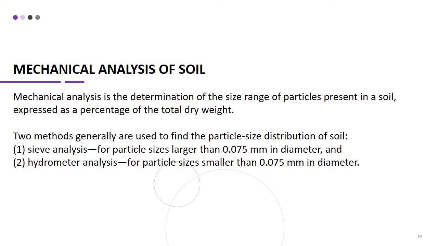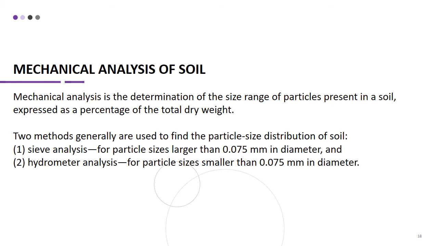So, mechanical analysis of soil. How do we know how much gravel, how much sand, and how much silt are present in our soil? For example, we have excavated a soil from a source, and how do we know from that soil how much of that is gravel, how much is sand, and how much is clay?